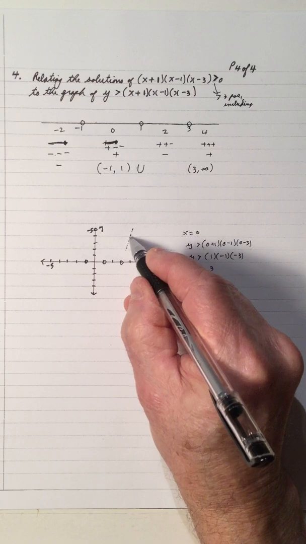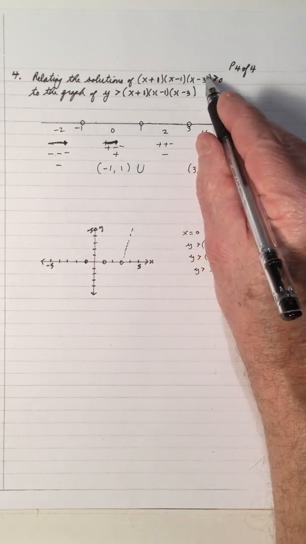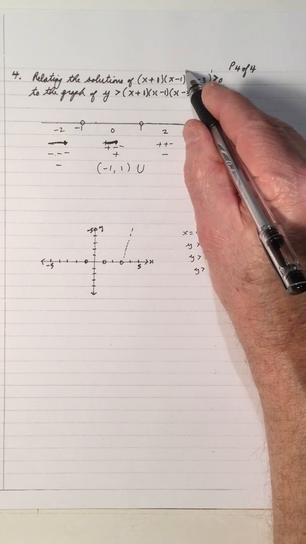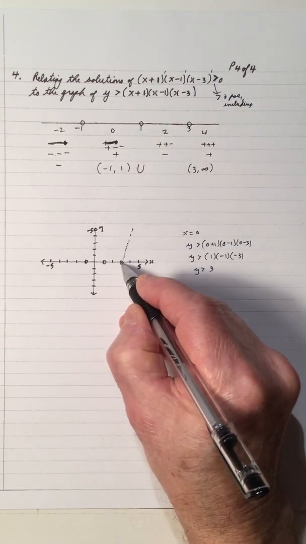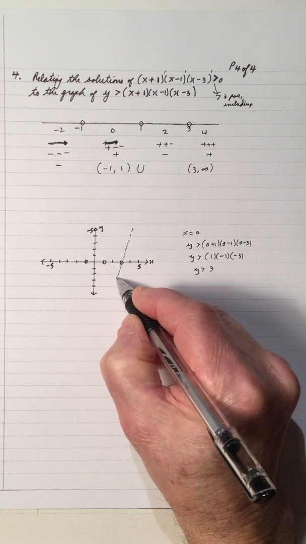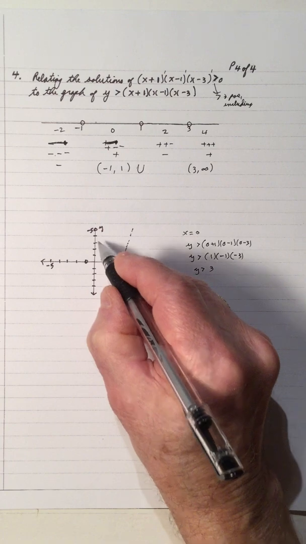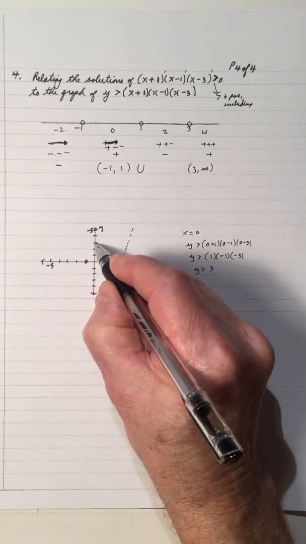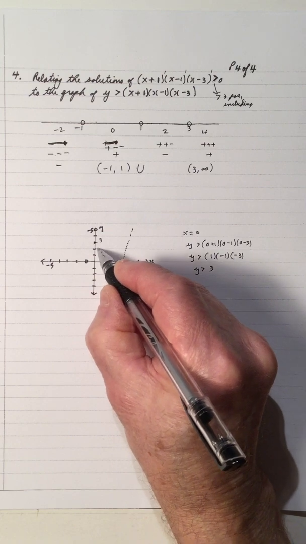So it's coming on down, going through, because it's linear at each 1, bending, going up, and it's passing through. When x is 0, y is 3, going on through.